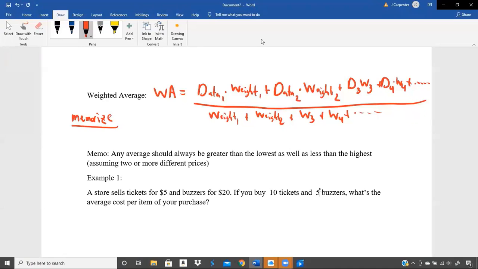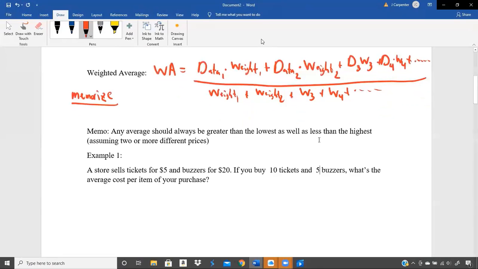And if you do the math the wrong way, the answer generally is not going to make sense. So for this example, we're going to do it the right way and the wrong way. I'm not going to say which one is correct initially until we get the answers and ask ourselves the whole, does it make sense kind of deal. So let's see.